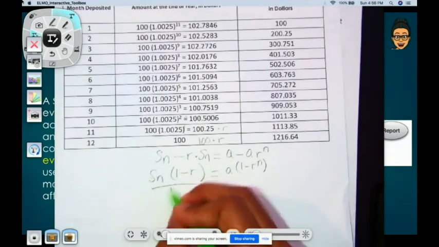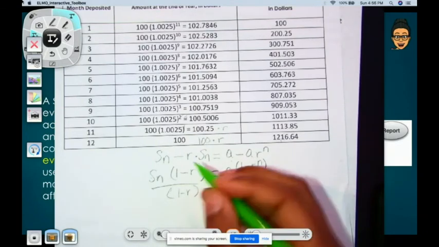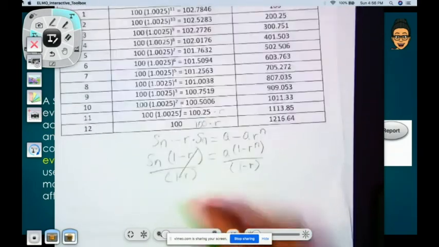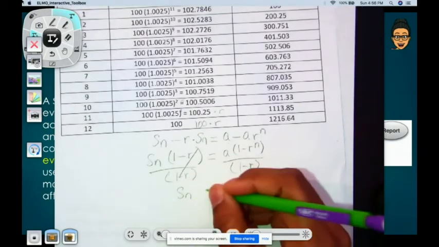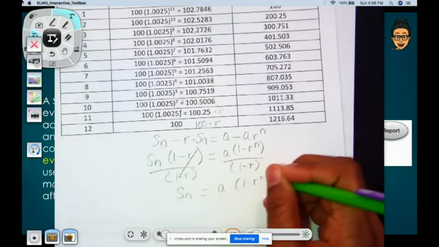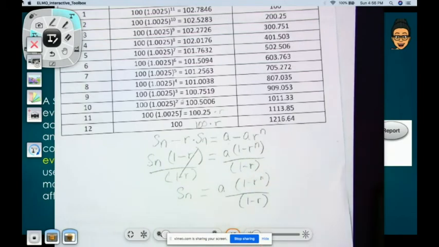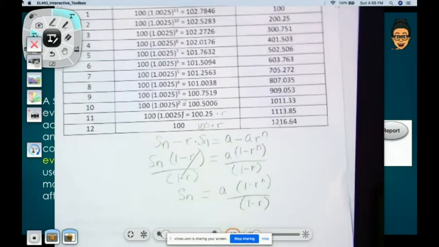I would divide by the quantity of 1 minus R on each side of the equal sign. If I do that, this right here would cancel out and leave me with the sum of the series, which I know is equal to this formula right here, which honestly is what I use to figure out how to evaluate my $100 deposit over the course of the year.